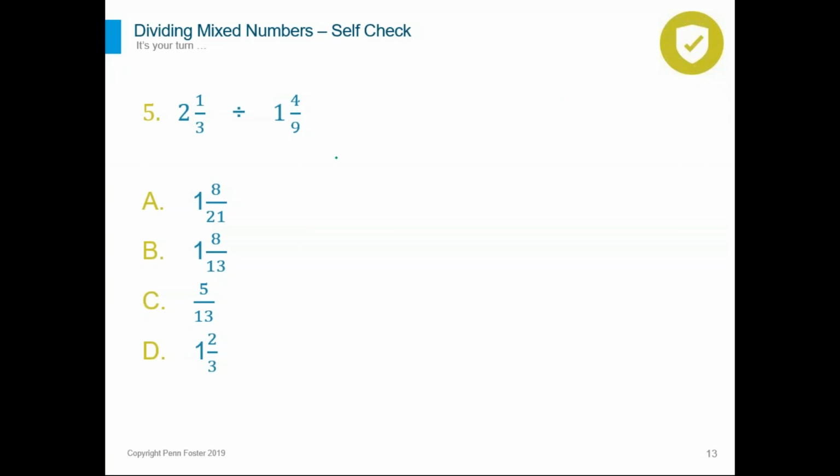We have to change the first one to an improper fraction. 2 times 3 is 6 plus 1 is 7. So we have 7 over 3, and then we're still dividing. The second mixed number has to be changed. 1 times 9 is 9 plus 4 is 13 on the top, and 9 will remain as is in the bottom. Now we can use the reciprocal method to change this problem to multiplication.